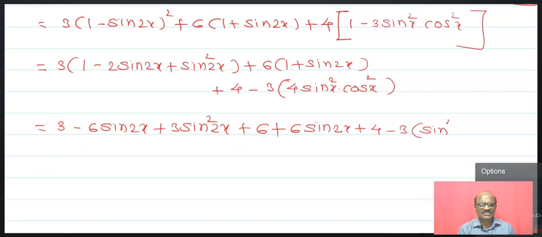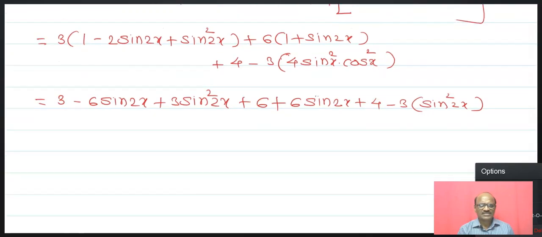Now see this again, I am repeating here. These two terms get cancelled. 6 times sin 2x minus 6 times sin 2x get cancelled, and you will get 3 plus 6, 9, 9 plus 4, that is 13. Now see this.